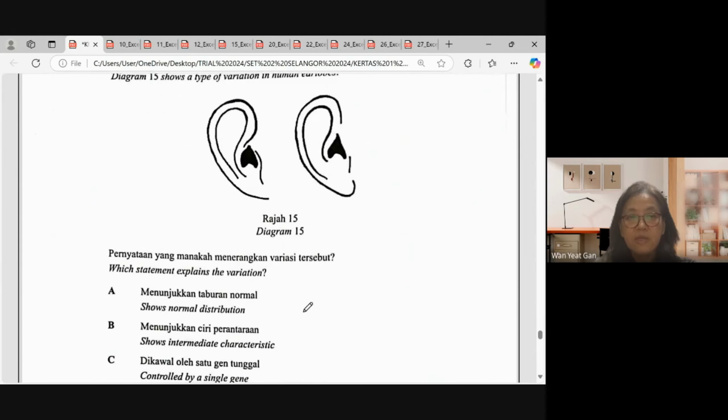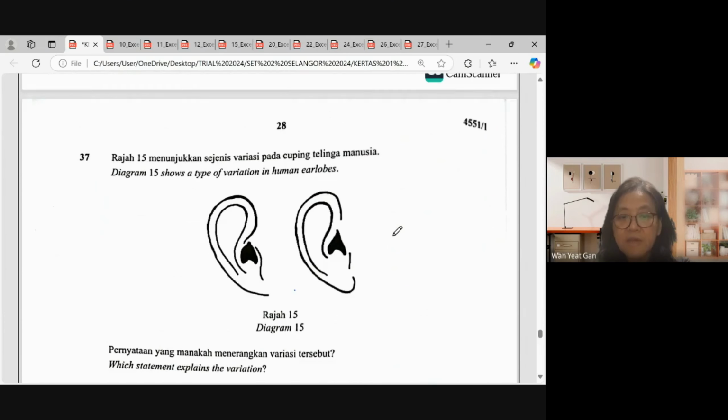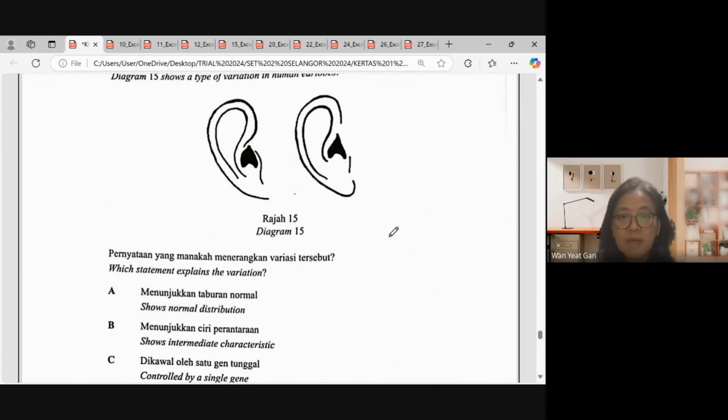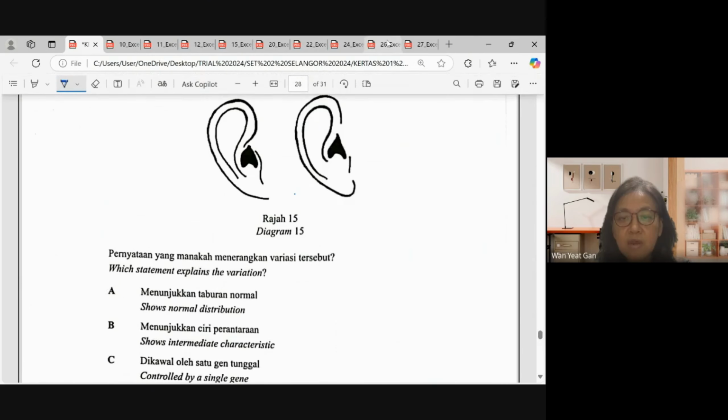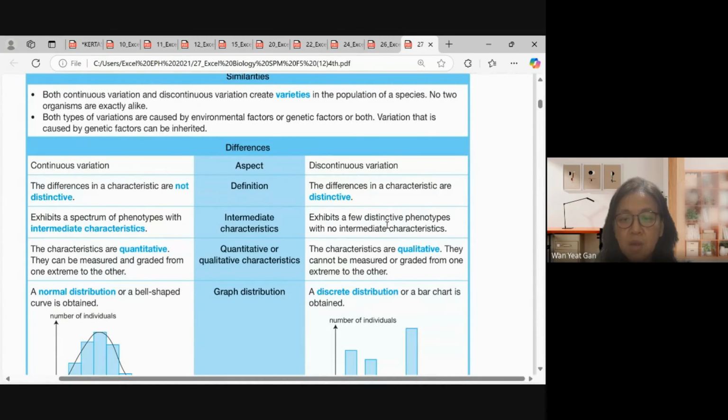Question 37. Diagram 15 shows a type of variation in human earlobe. Which statement explains the variation? There are two types of earlobe. One is attached and one is free. So the earlobe shows a discontinuous variation where the differences in the characteristic are distinctive.